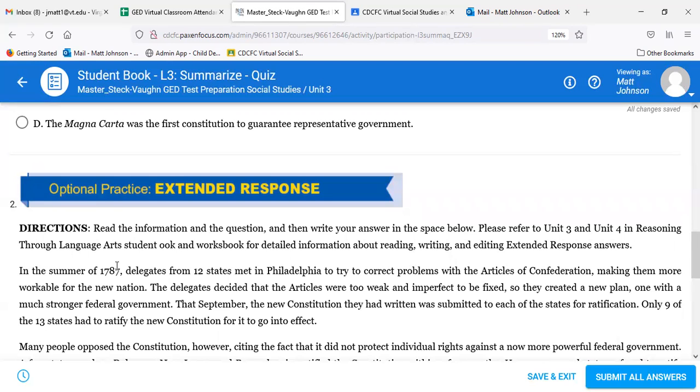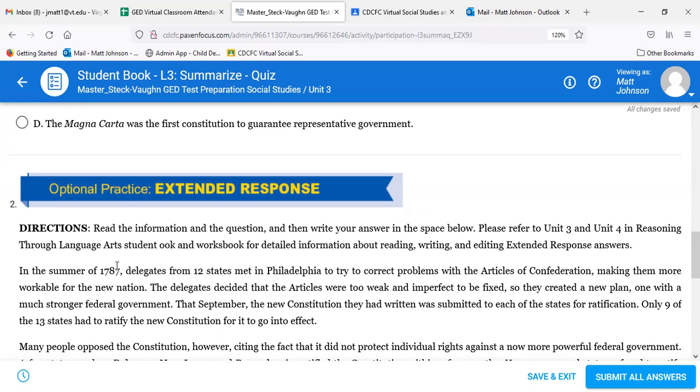All right, so we're moving right along. So delegates from 12 states met in Philadelphia to fix problems with the Articles of Confederation.